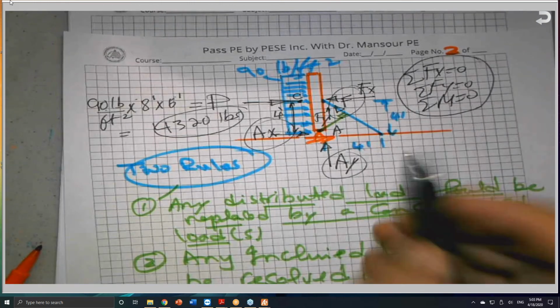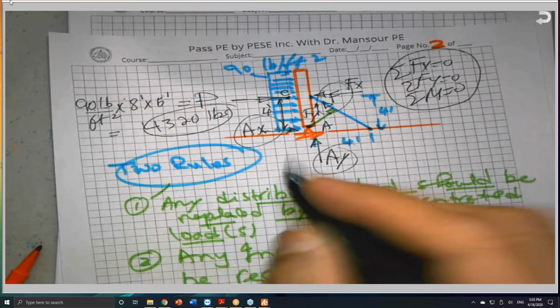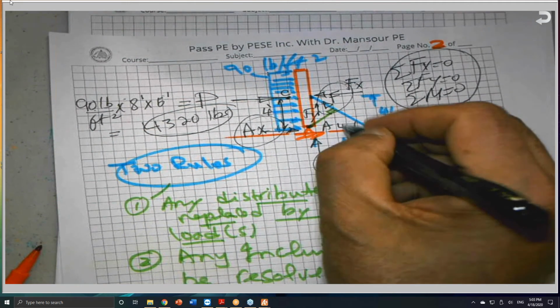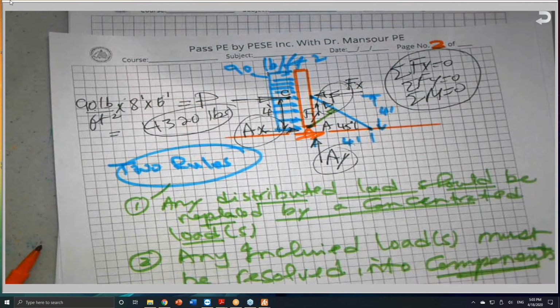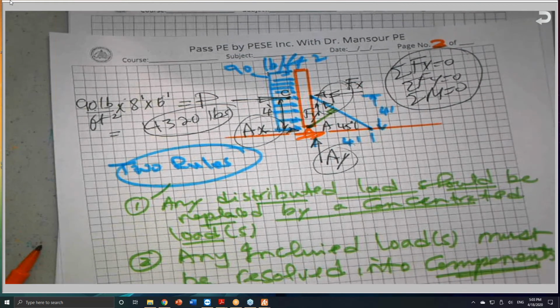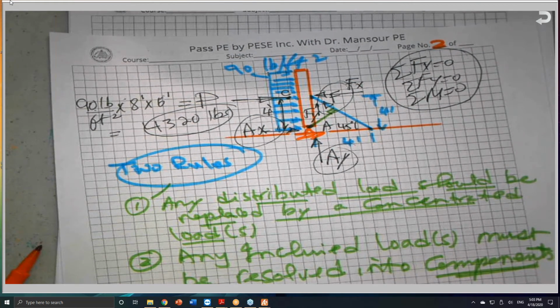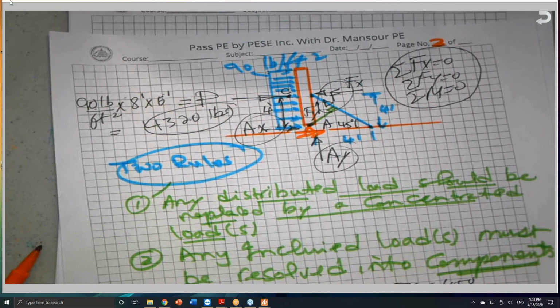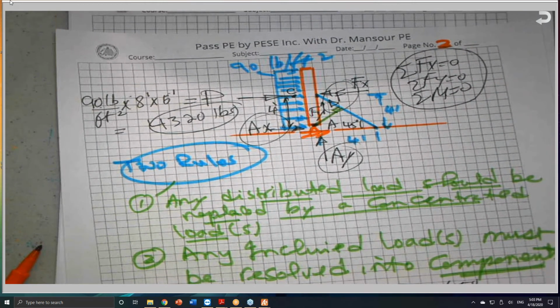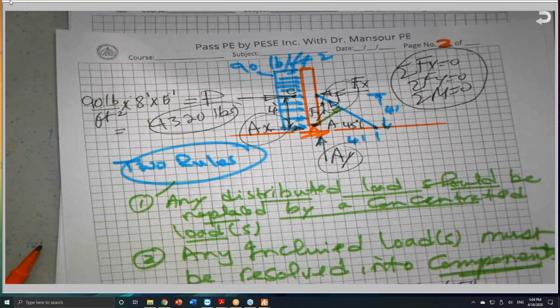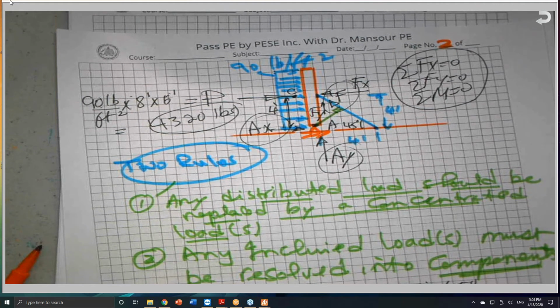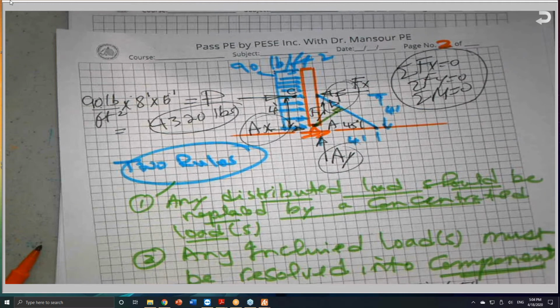And this is 4 feet and this is 4 feet. That means that this angle is 45 degrees. So the F sub x is equal F cosine 45 degrees, and F sub y is equal F sine 45 degrees, because sine and cosine 45 are essentially the same.